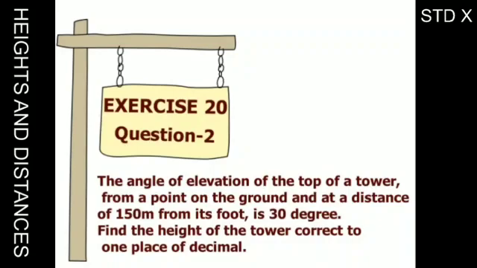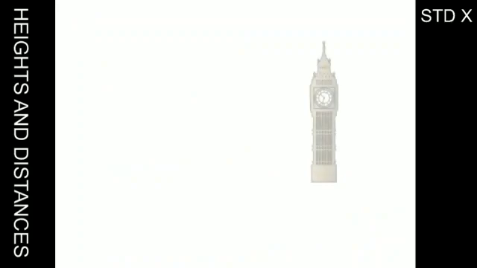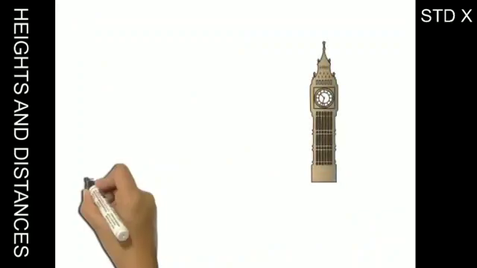Where is the observer? He is there, straight to the tower. Is it the angle of depression? No, it is the angle of elevation. So the angle of elevation is 30 degrees.